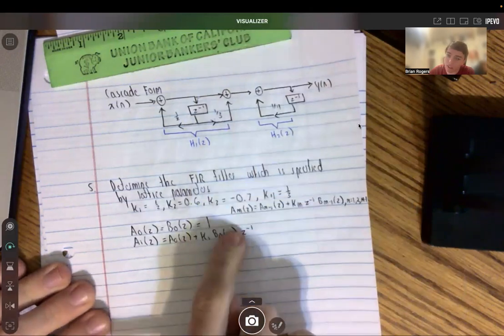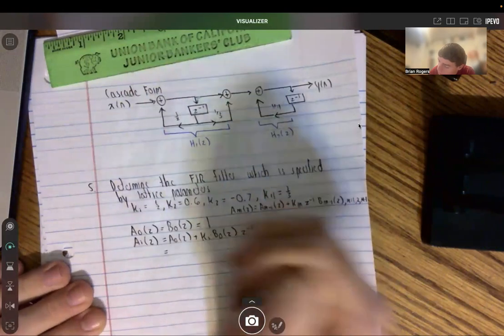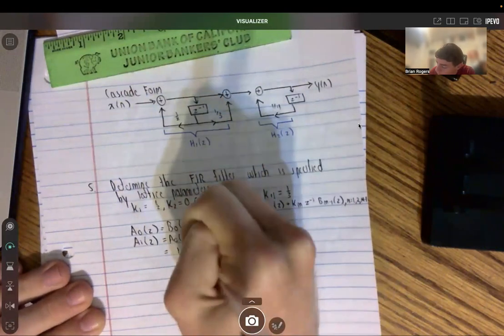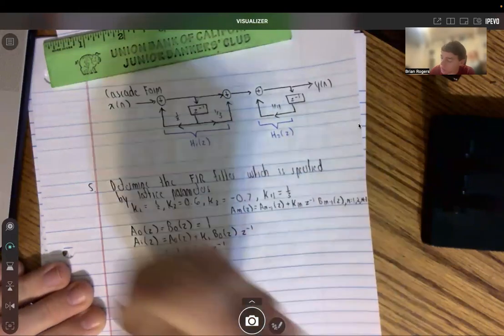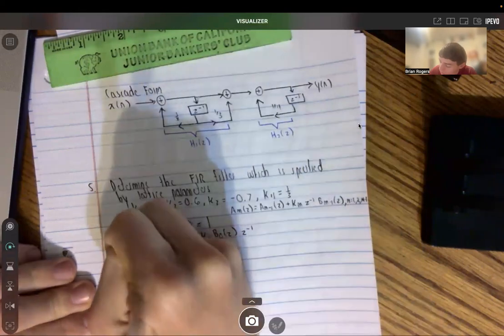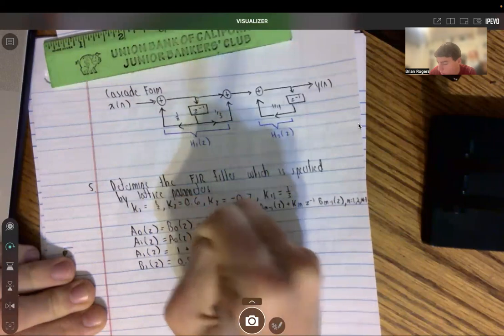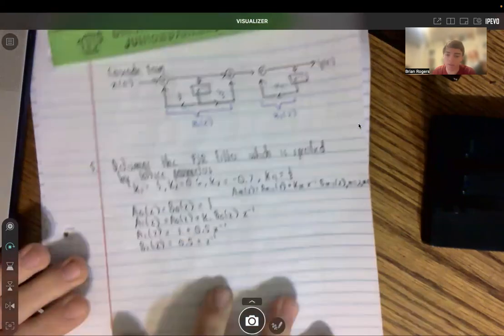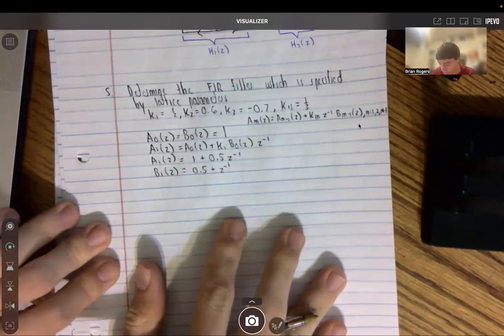And so I'm going to have 1 plus 0.5 times z to negative 1. That's for my A1 of z. And so your B1 of z is going to equal, remember, the coefficients are just flipped, so that's the format.